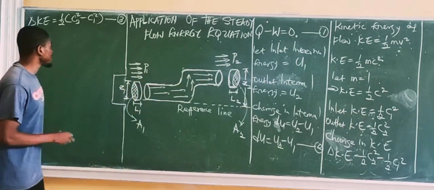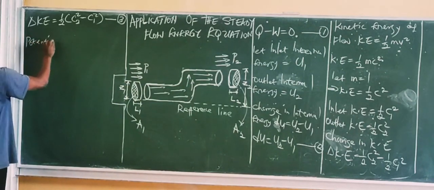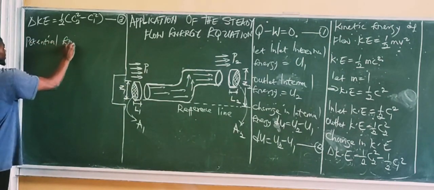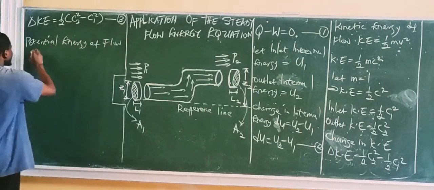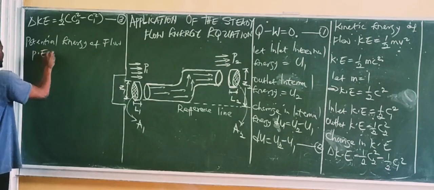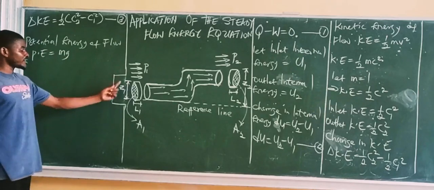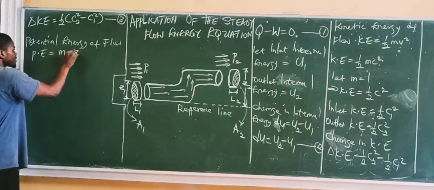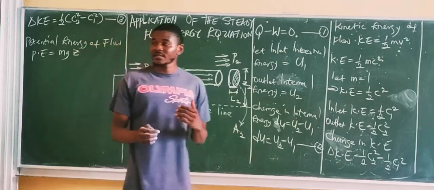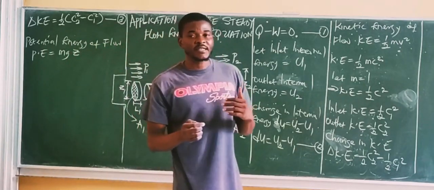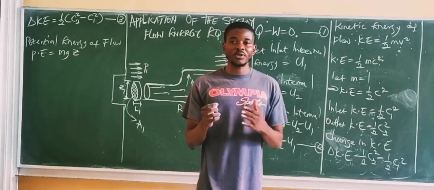We all know that the potential energy of flow is simply mass times gravity times height. In this case, the height is Z. And I said that since internal energy is a specific property, it is measured with respect to a unit mass.